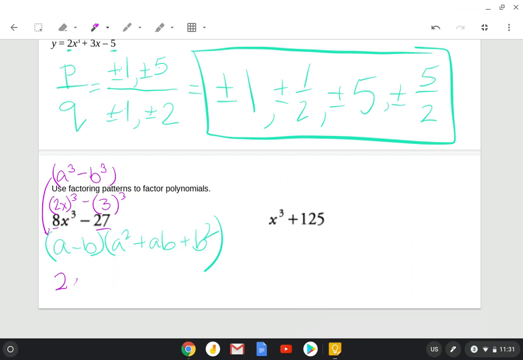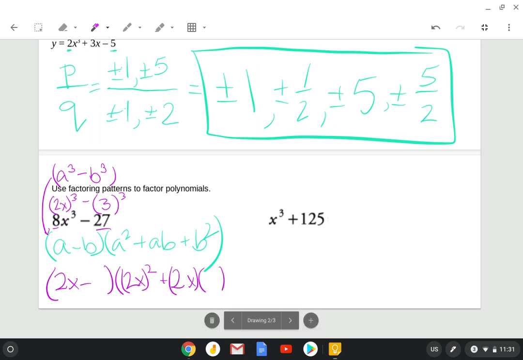So we're going to do 2x everywhere there's an a. You'll notice I'm just leaving space for everything. B is 3, so I put 3, 3, 3.